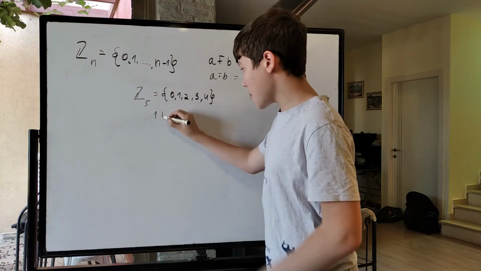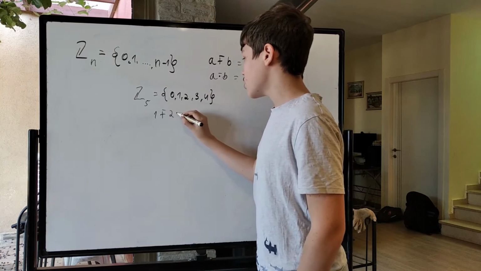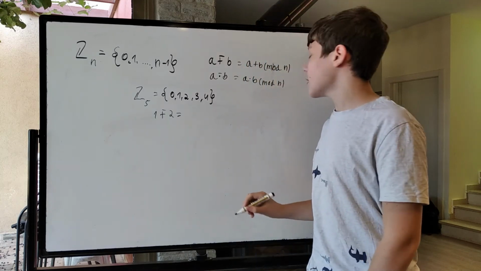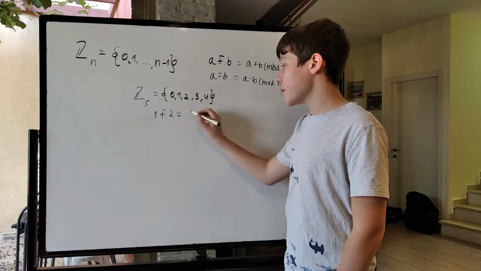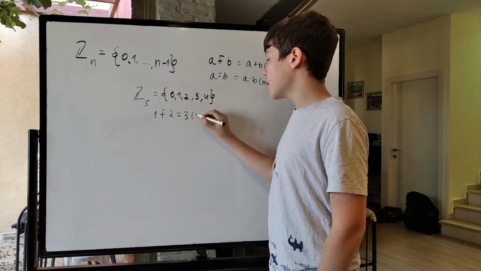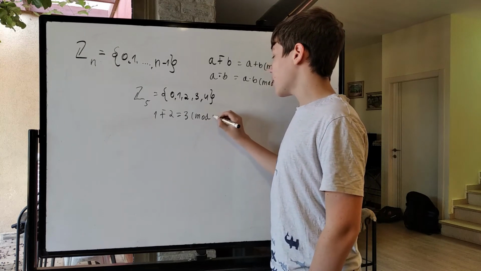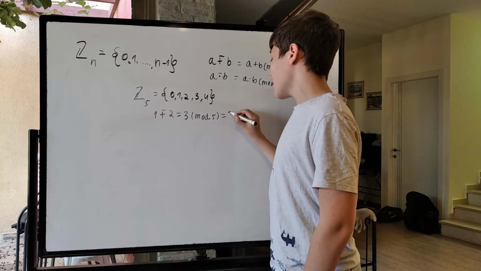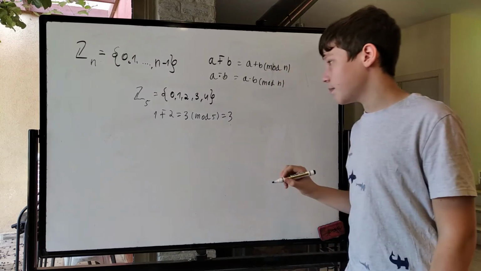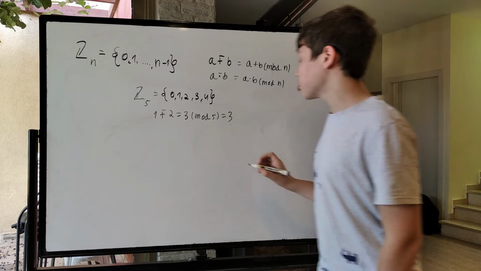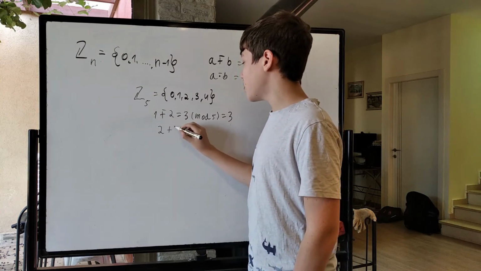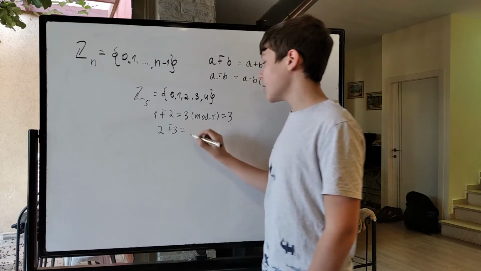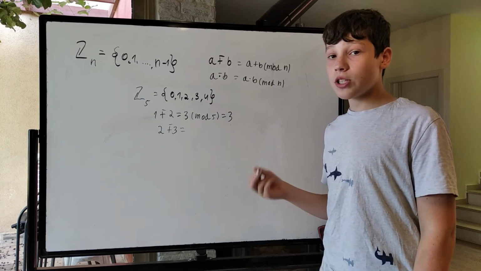For example, what is 1 plus 2? Well, that's going to be our regular 1 plus 2 modulo 5, so that's 3 mod 5, and that's 3. What is 2 plus 3? Well, that's 2 plus 3, which is 5.